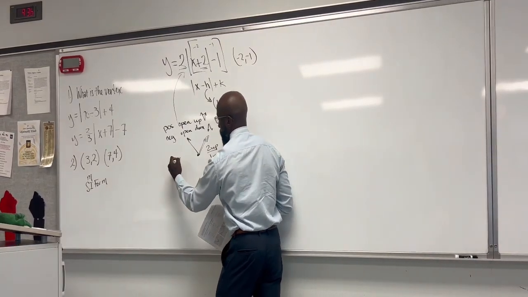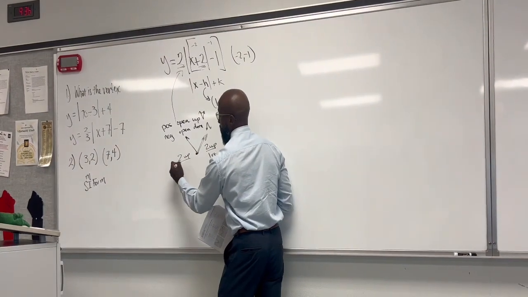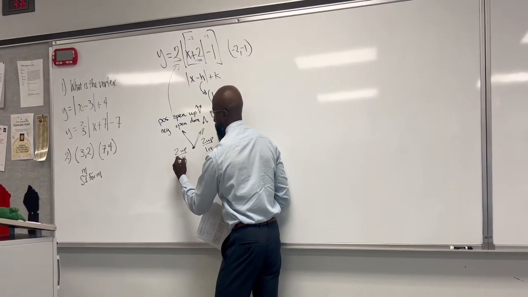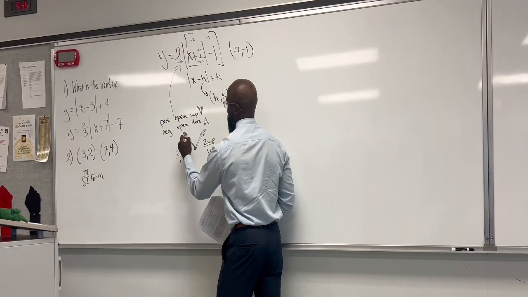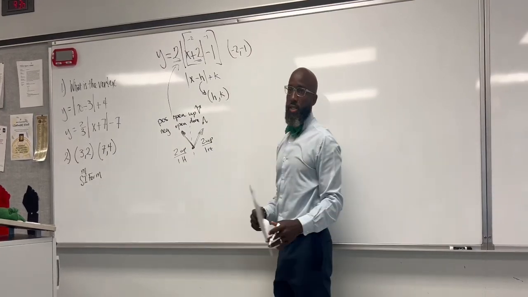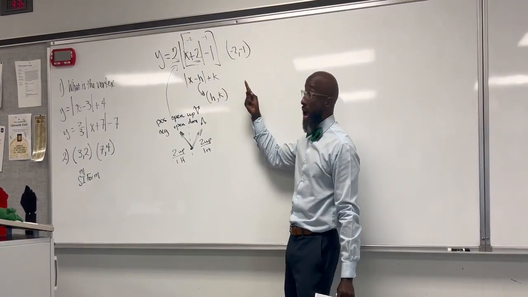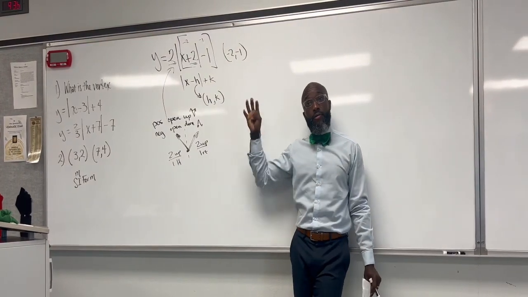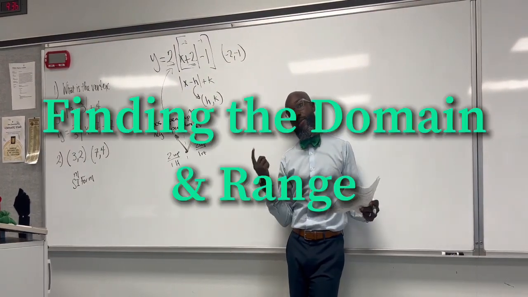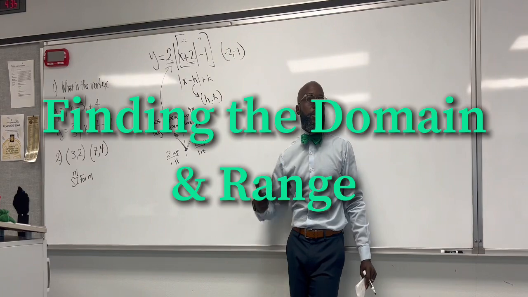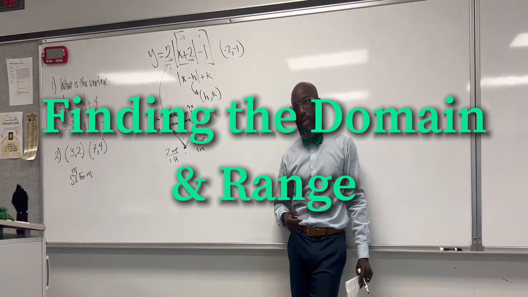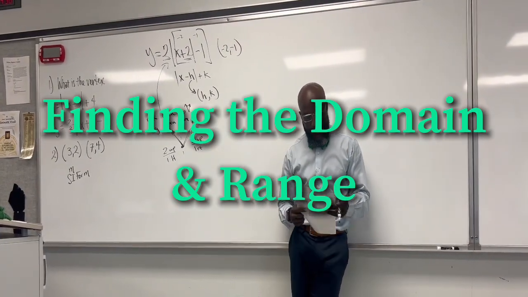And over here, it's going to go up 2 and to the left 1 in this direction. You have a mirror situation. So that's essentially how we graph these. Today we're going to talk about identifying the domain and the range, and we're going to talk about the x-intercept and the y-intercept. So now let's look at it.